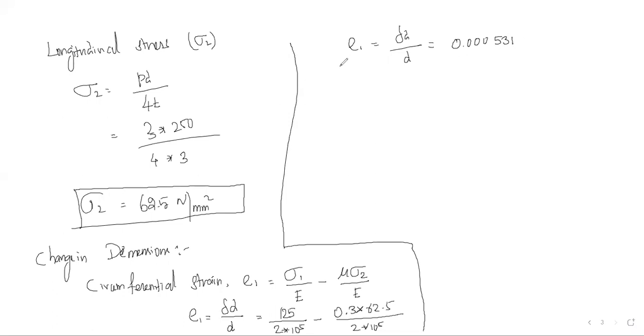That is the circumferential strain. Therefore, change in diameter del D is equal to 0.000531 multiplied by D, where D is equal to 250 mm.